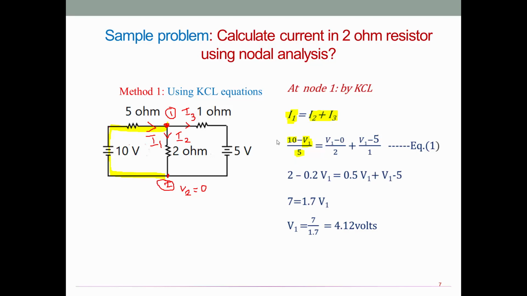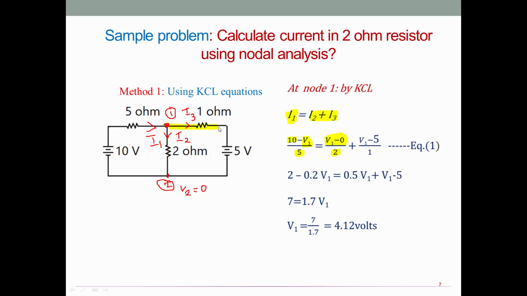Similarly, I2, how to find out I2? I2 is flowing between node number 1 and 2 in this way. What is the potential of this particular point? V1. What is the potential of this particular point? V2. V1 minus V2 divided by 2. V1 minus V2. V2 is actually 0, we have assumed. So divided by 2. Coming to the third one.